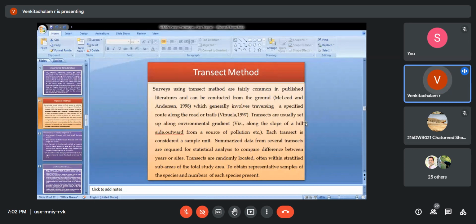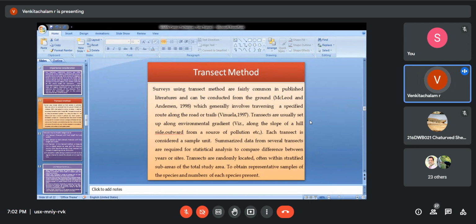Transects are usually set up along an environmental gradient, like along the slope of a hillside, outward from the source of pollution, etc. Each transect is considered a simple sample unit, and the summarized data from several transects are required for statistical analysis to compare differences between years or sites.